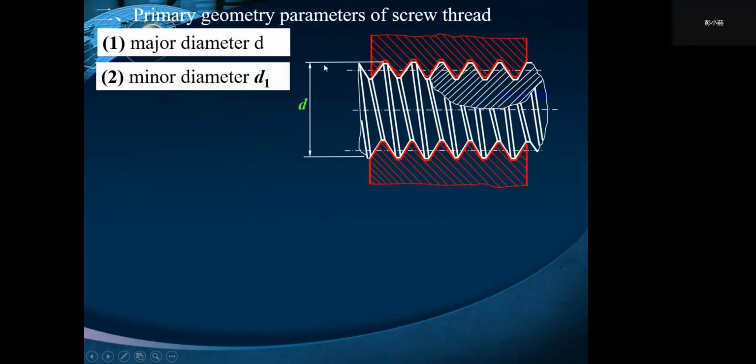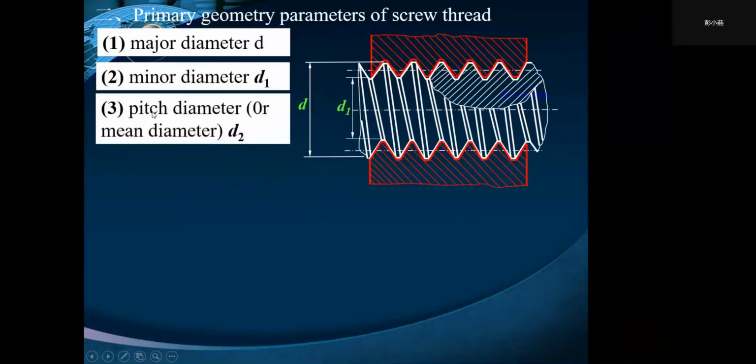Then the minor diameter D1 is the smallest diameter of a screw thread. And pitch diameter or mean diameter D2.